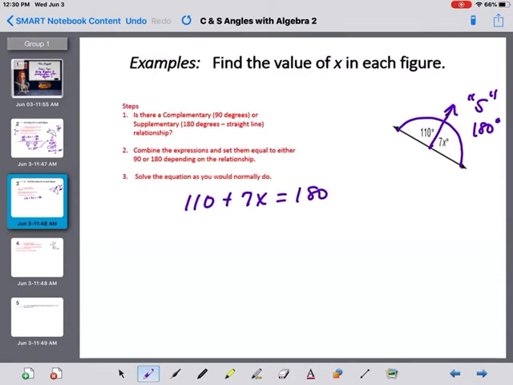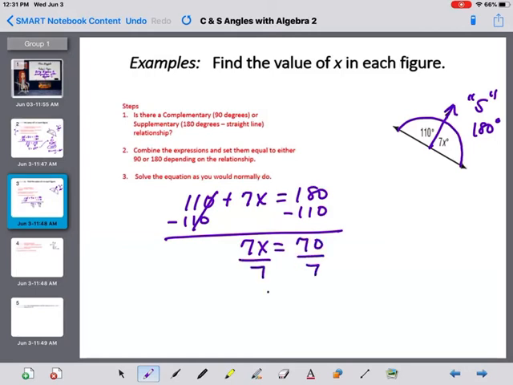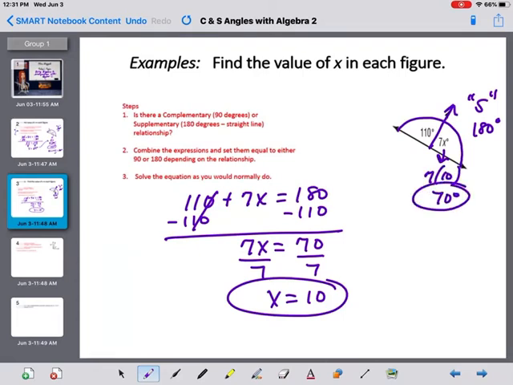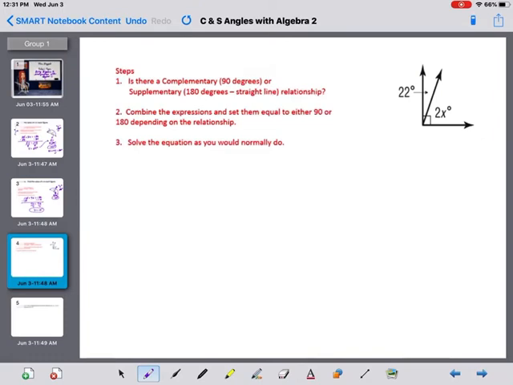I want to isolate the x term by getting rid of the 110, so we subtract 110 on both sides. We're left with 7x on the left and 70 on the right. We're going to divide both sides by 7, and we get x is equal to 10. If you were asked to find the measure of the missing angle, we would have 7 times 10, or 70 degrees, which makes sense because the two angles would then add up to 180 degrees.